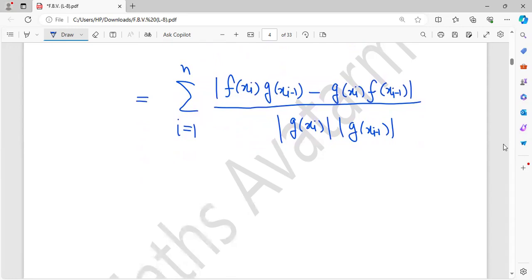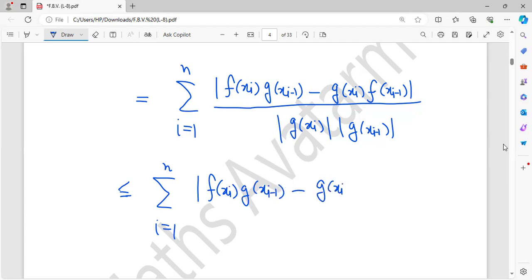Okay. So I will add something here and I will subtract something from here. First of all, observe that this is less than or equal to the summation i goes from 1 to n of the absolute value of f(x_i) g(x_{i-1}) minus g(x_i) f(x_{i-1}), divided by k into k.